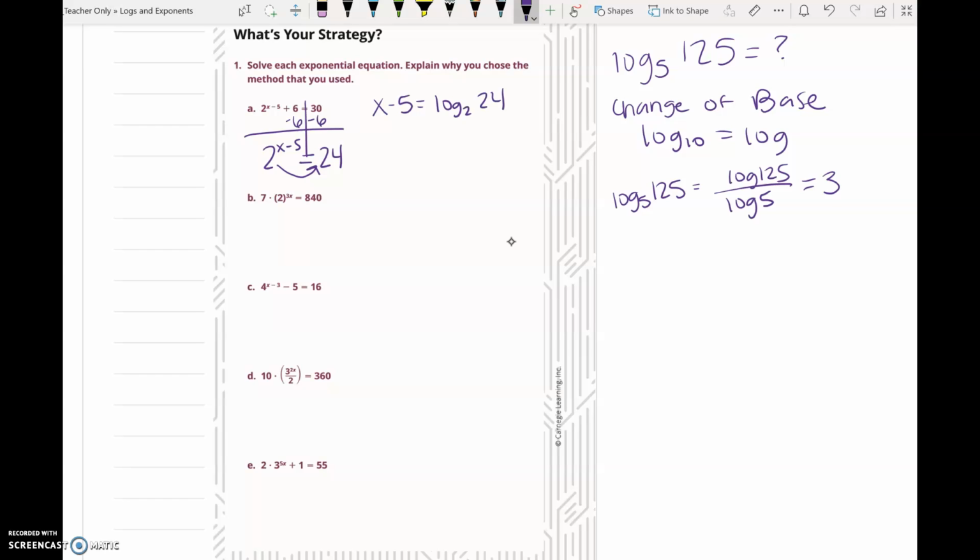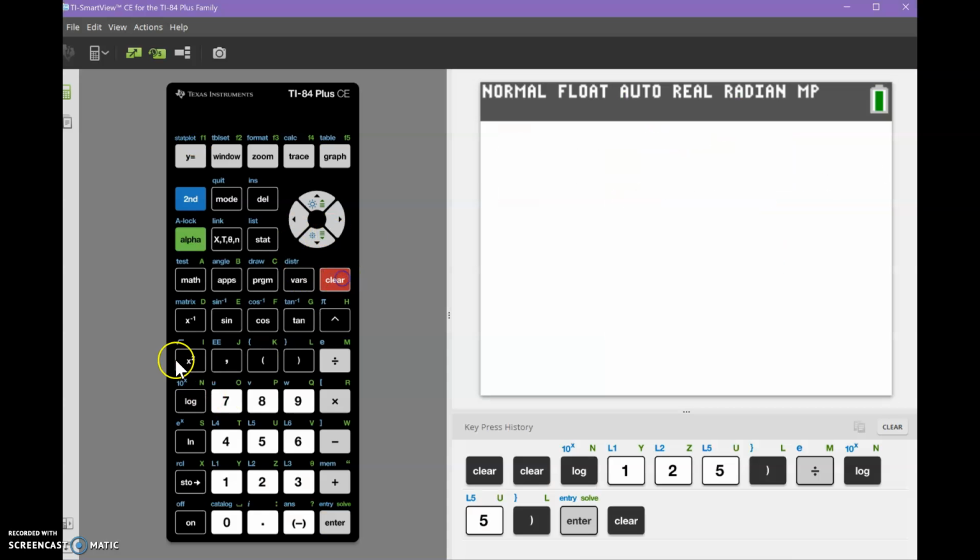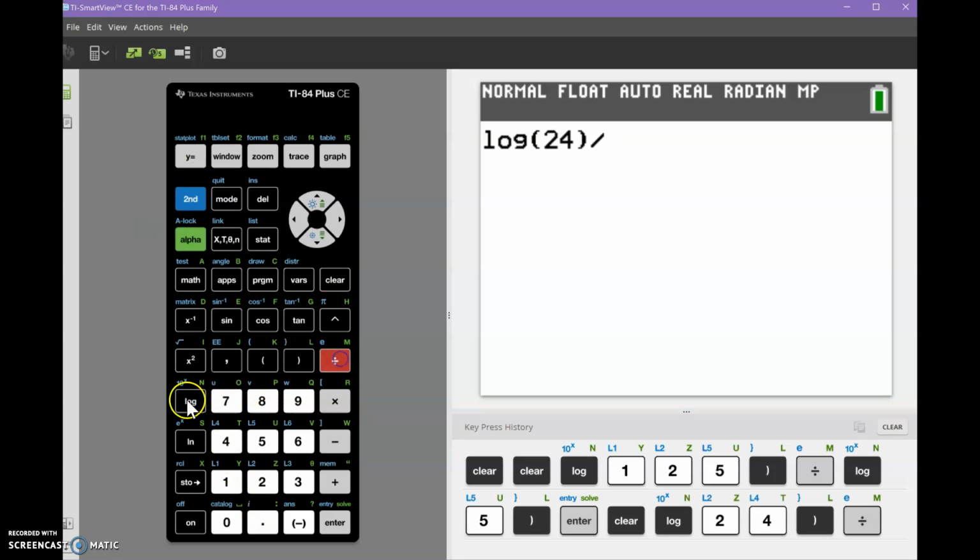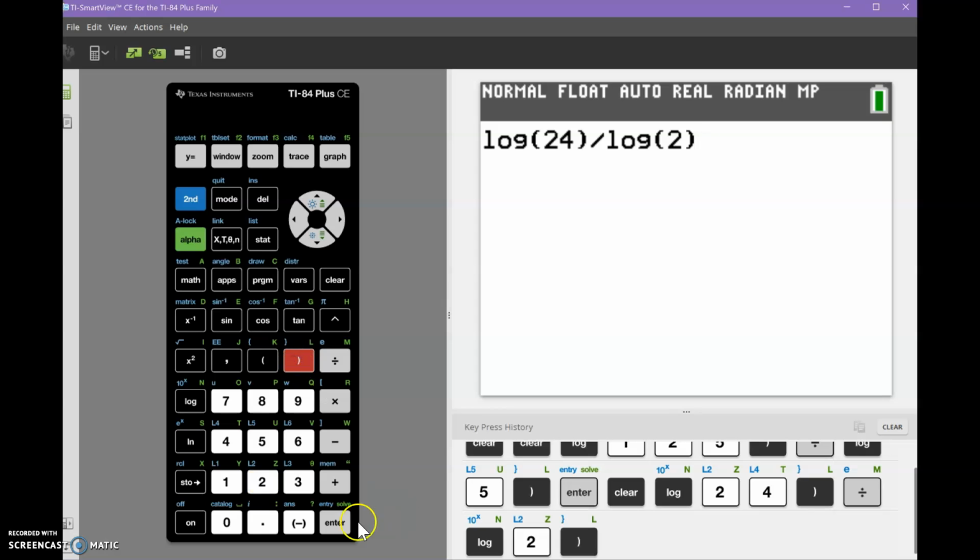And this is where the calculator comes in. This is a number right here, but I don't know what number it is. So when I go to my calculator, I'm going to type log 24 divided by log 2. Opening that, log 24, close my parentheses, divided by log 2, close it, enter.